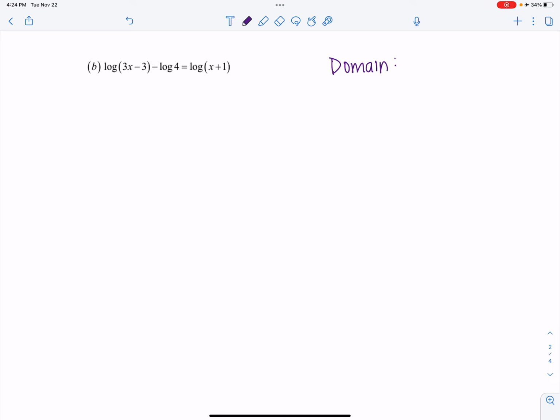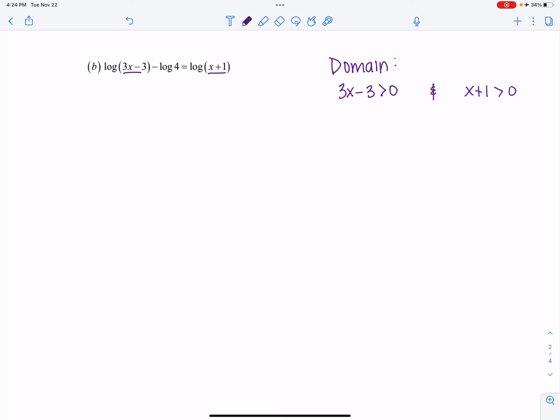So this tells me, I'm looking at my logs, it has to be greater than 0. So that means 3x minus 3 is greater than 0, and x plus 1 is greater than 0.